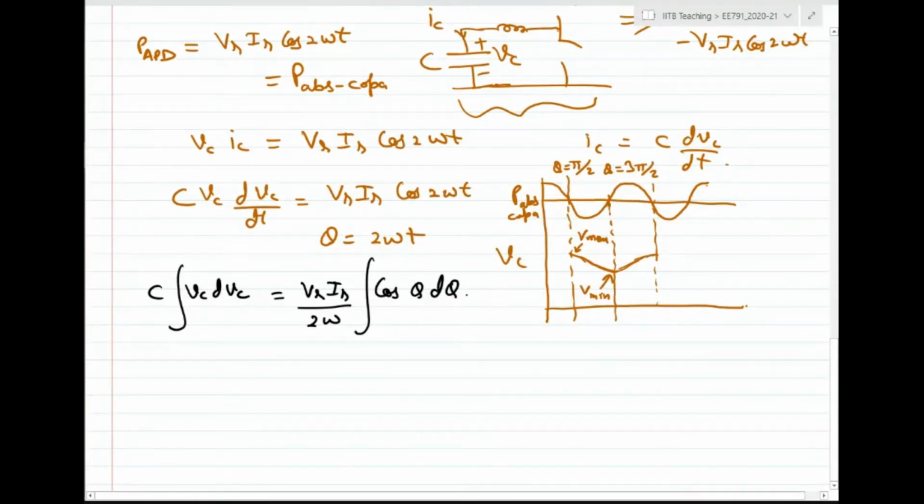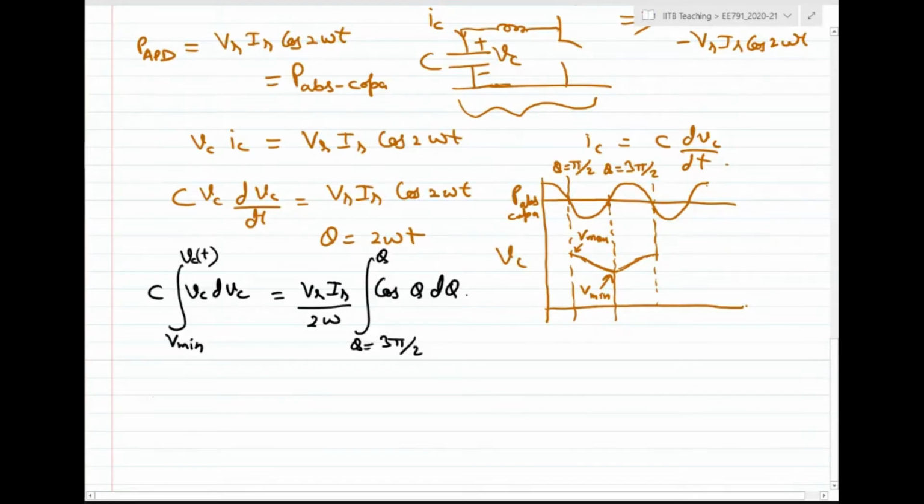Now I have to put limits. When Vc is V min, that is where theta is equal to 3 pi by 2, going to any instant where Vc is given by Vc(t) and theta is given by theta.